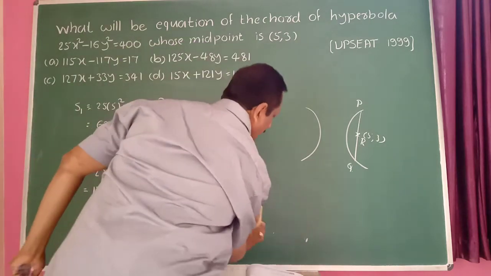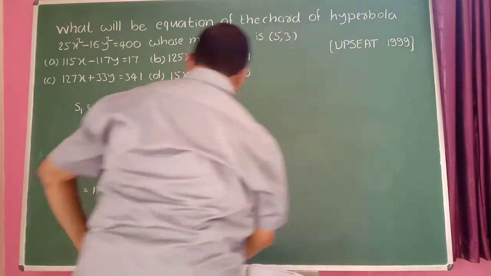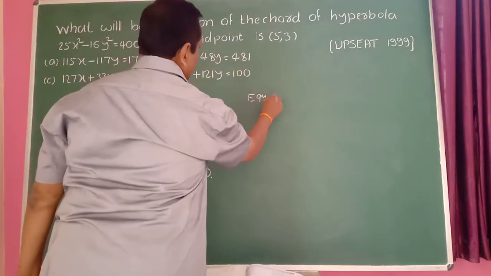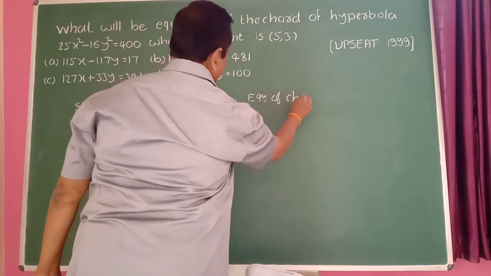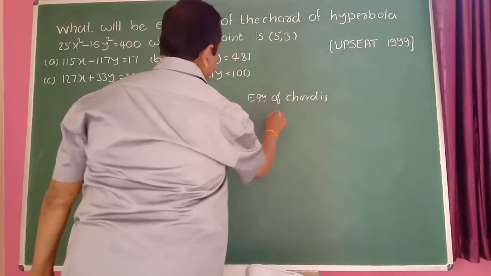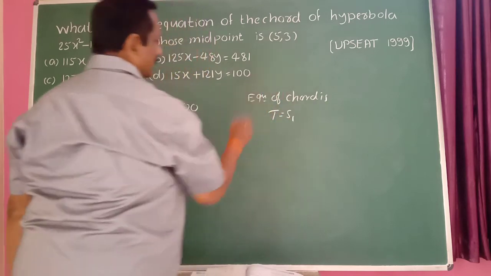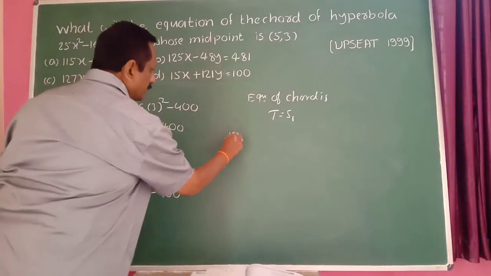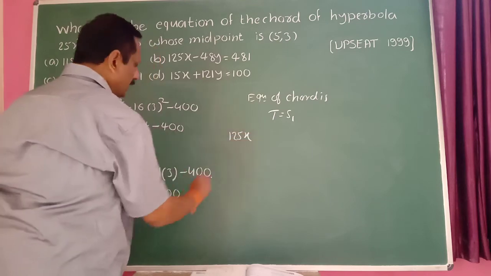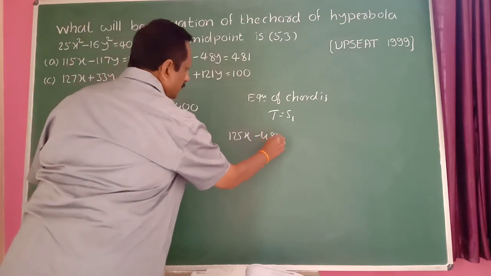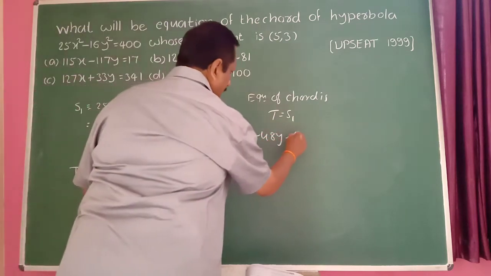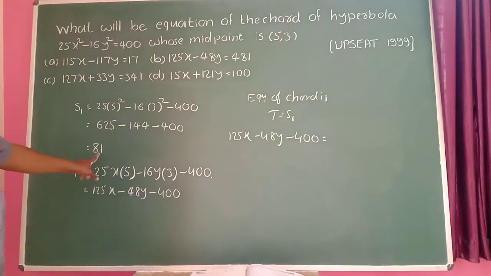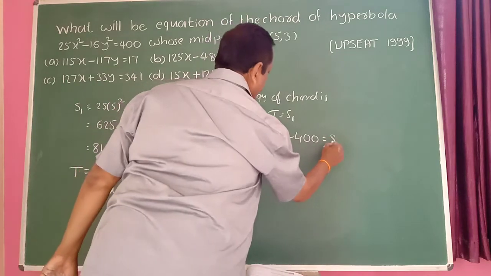Therefore, the equation of the chord bisected at (x1, y1) is T equals S1. So T is 125x minus 48y minus 400, equal to 81.